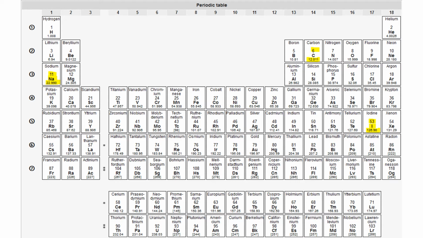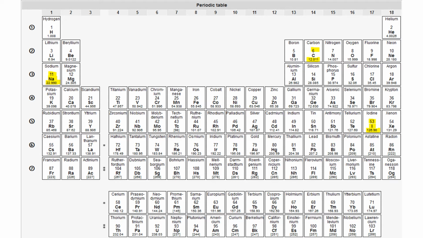How many neutrons would it have? I'm going to do 127 minus 53, and that would give you 74 neutrons. So iodine has 53 protons, 53 electrons, and 74 neutrons. And that's how you can calculate the number of neutrons, and figure out the number of protons and the number of electrons.